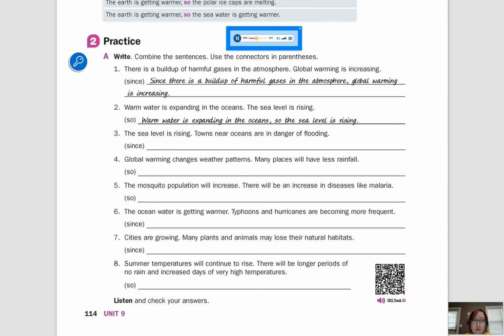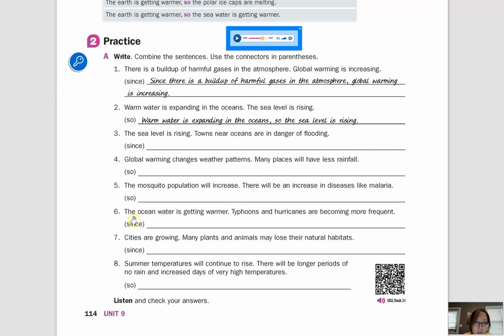Since global warming changes weather patterns, many places will have less rainfall. 5. The mosquito population will increase, so there will be an increase in diseases like malaria. 6. Since the ocean water is getting warmer, typhoons and hurricanes are becoming more frequent. 7. Cities are growing, so many plants and animals may lose their natural habitats.